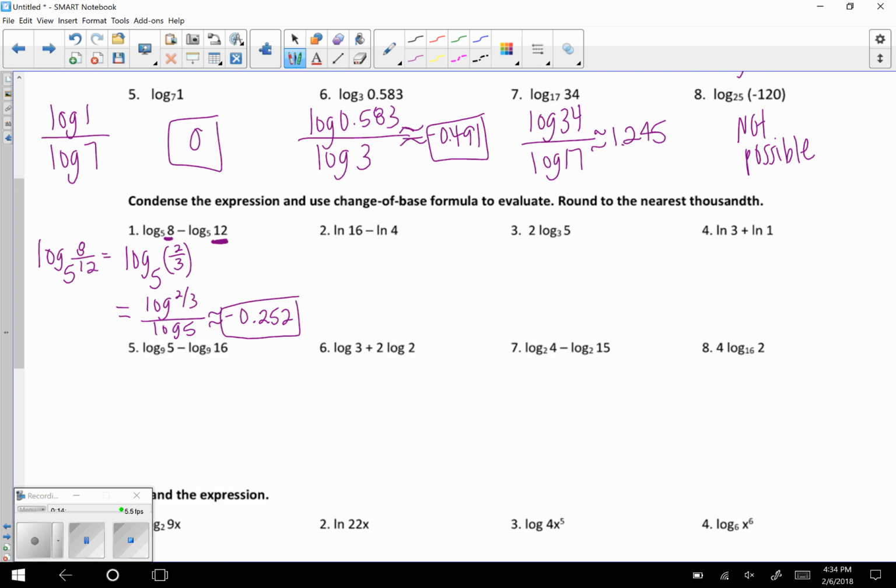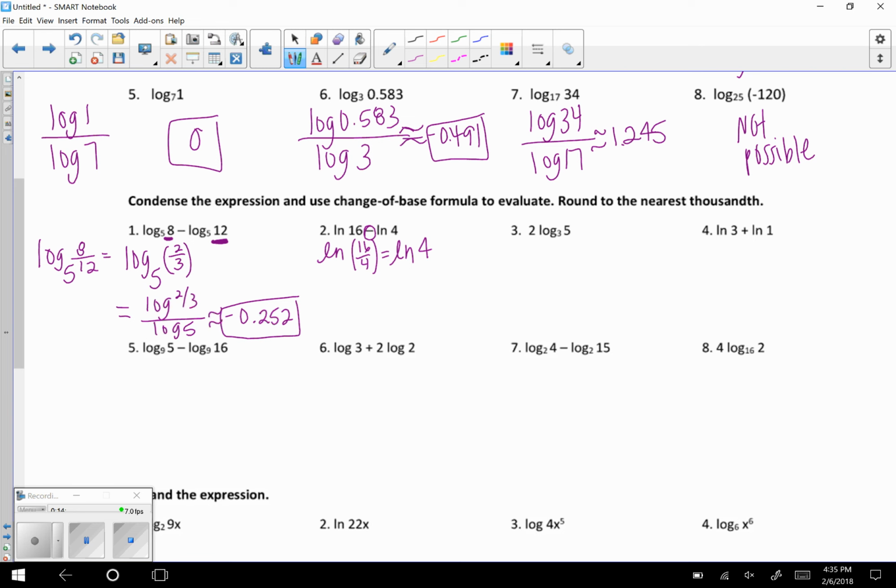Okay, so again, I've got a negative sign. Negative, that goes with my quotient rule, so I have ln of 16 over 4. That's going to reduce to 4. So I get ln of 4. So is it necessary to use the change of base formula for this problem, or can you plug natural log into the calculator as is?